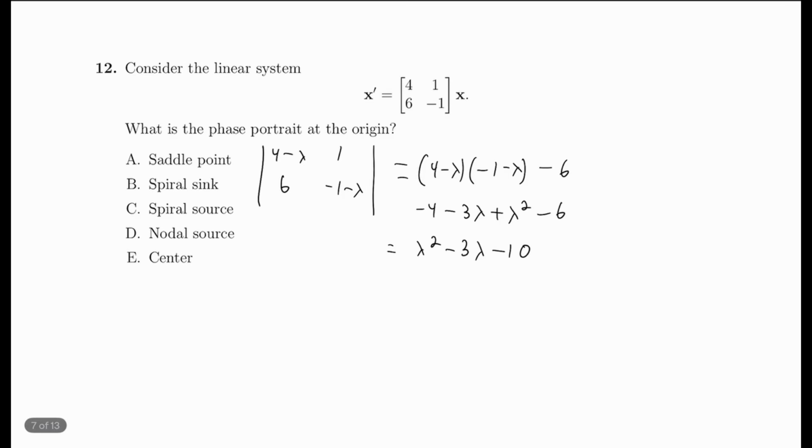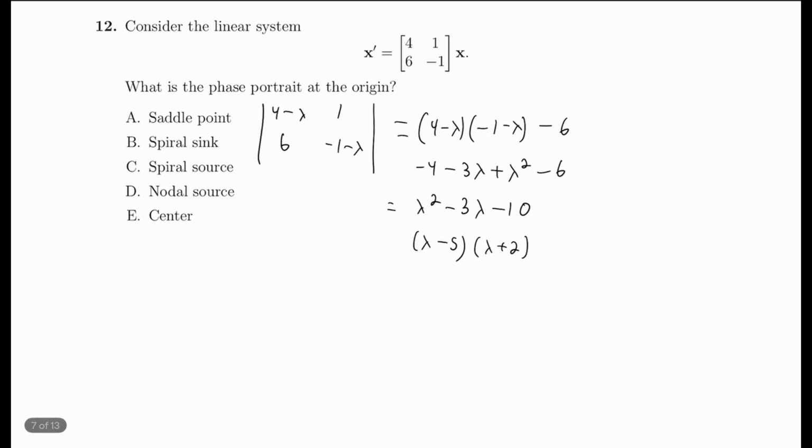We can go ahead and factor this into lambda minus 5 lambda plus 2. And that gets us lambda values of 5 and negative 2. We have two real eigenvalues, one positive and one negative, which means that this is going to be a saddle point. You just need to memorize what your combinations of eigenvalues mean in the case of phase portraits.